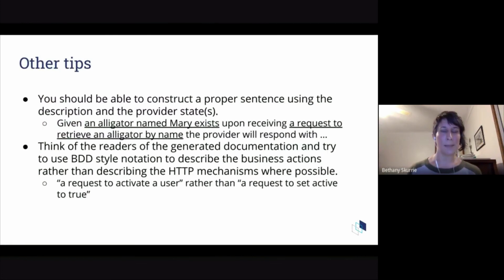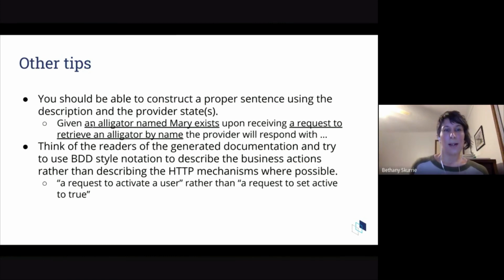Okay, some other tips. Remember how I was saying I'd renamed those provider states? It's because I'm actually really picky about the way the provider states are named. When those provider states and the descriptions get sent to the Pact broker and get turned into a sentence, I want that sentence to read really nicely, because this becomes really good documentation for all the other teams to look at and understand this API and the interaction.